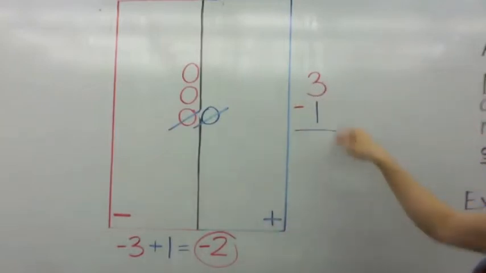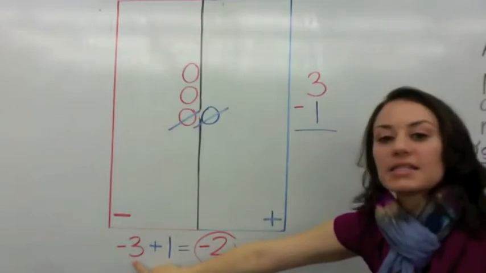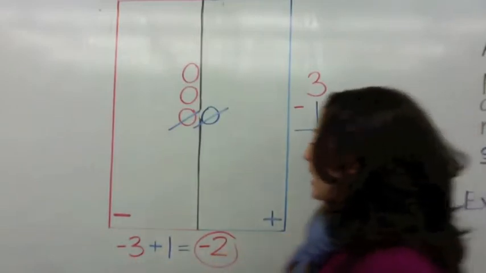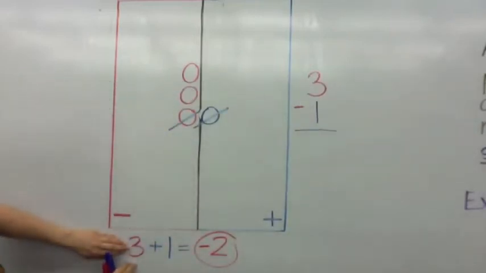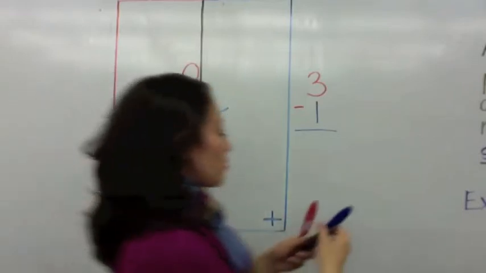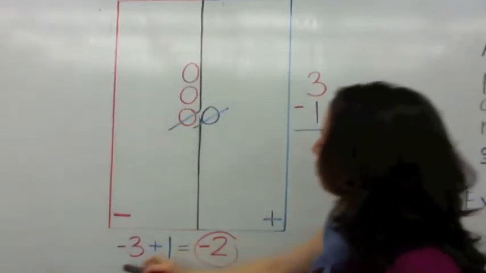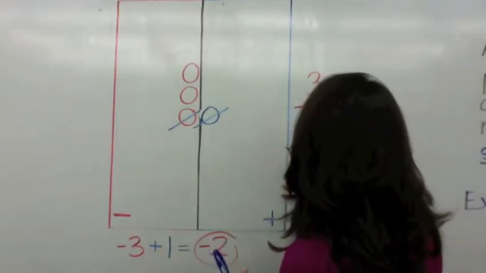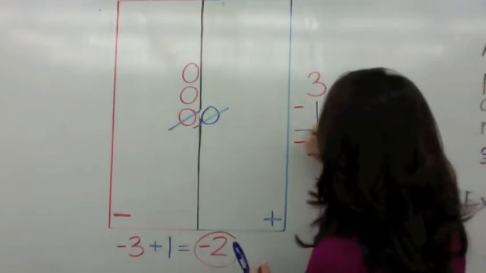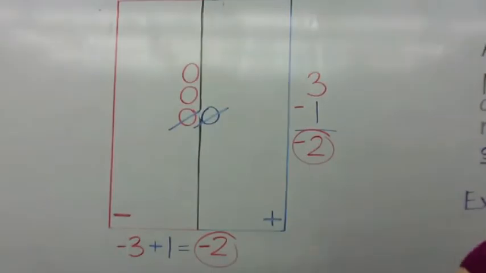Remember, you're subtracting, and what is the sign of the higher number? If these did not have signs and you took the absolute value, the higher number would be 3. So you would keep that negative and subtract to find -2. Okay, makes sense?